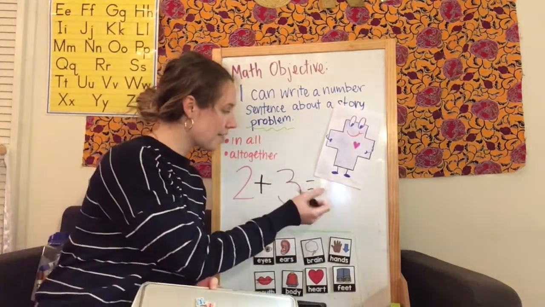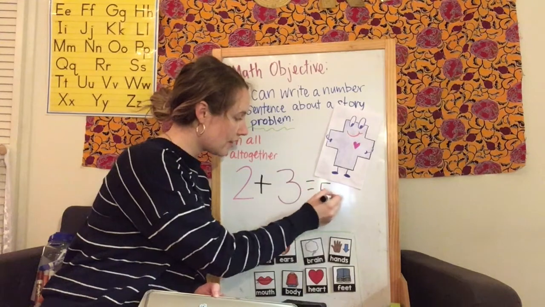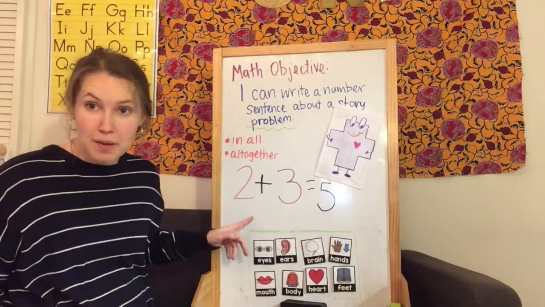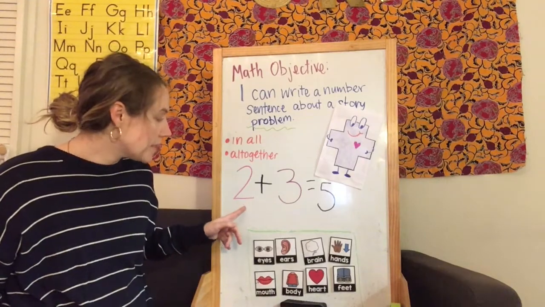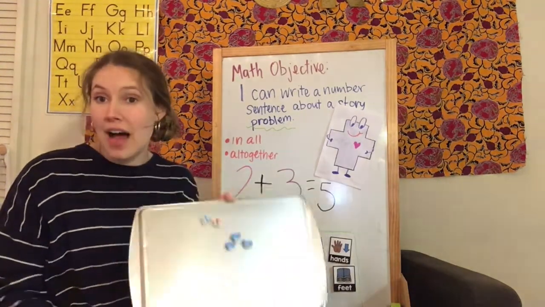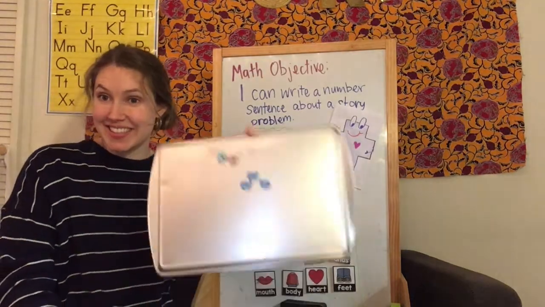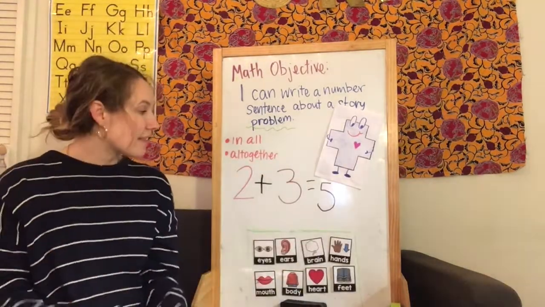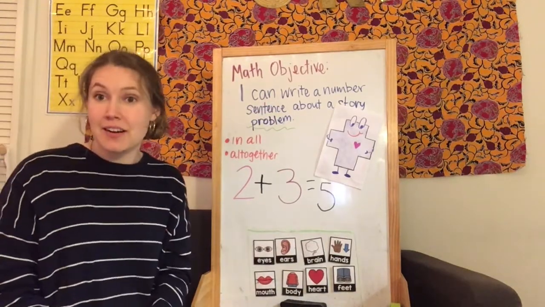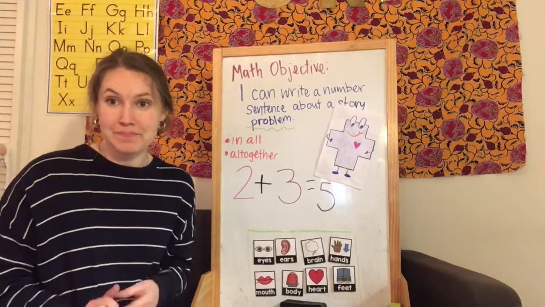There we go. So now I know from my story problem that when there were 2 butterflies and 3 birds flying, that meant there were 5 animals flying all together. So that's an example of writing our number sentence about a story problem.